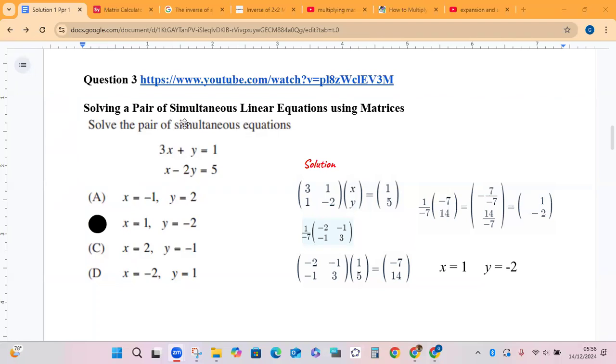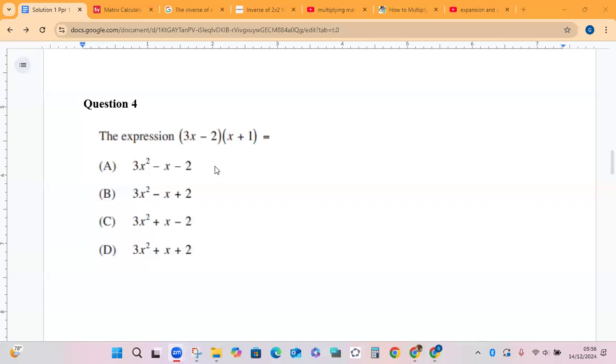Question number 3, solving a pair of simultaneous linear equations using matrices. Question number 4, which this record is all about, is binomial expansion.